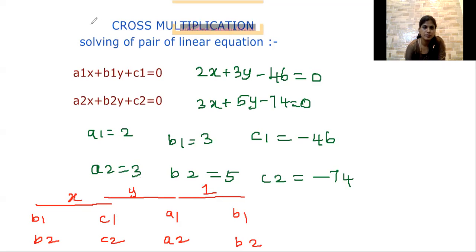I'm going to draw arrows from b2 to c2 and b1 to c2, b2 to c1, c1 to a2, c2 to a1, a1 to b2, a2 to b1.